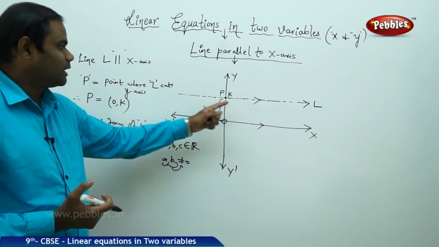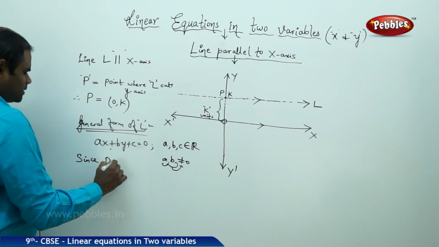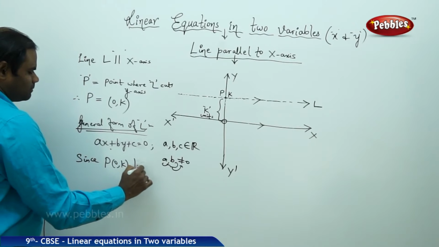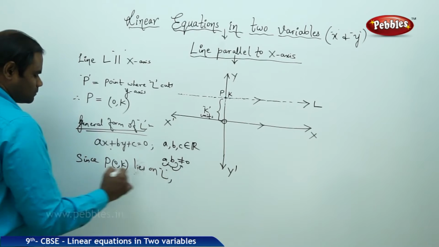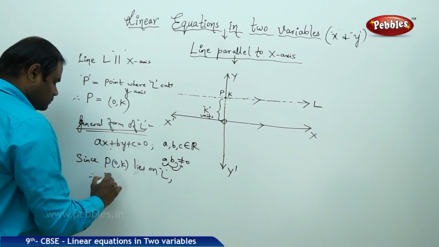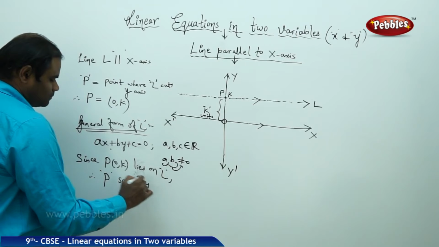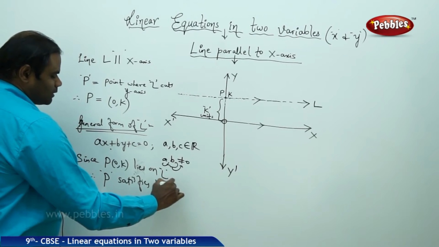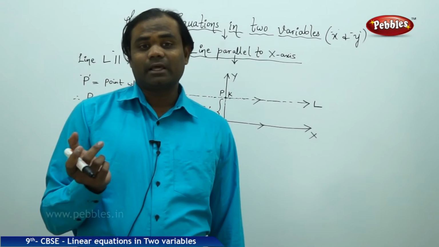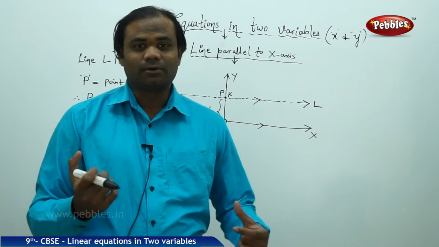Therefore, P lies on L. Since P(0, k) lies on line L, this must satisfy the line L. That is, the coordinates of the point P satisfy the line L. Let's see how we are going to satisfy the line through the coordinates.